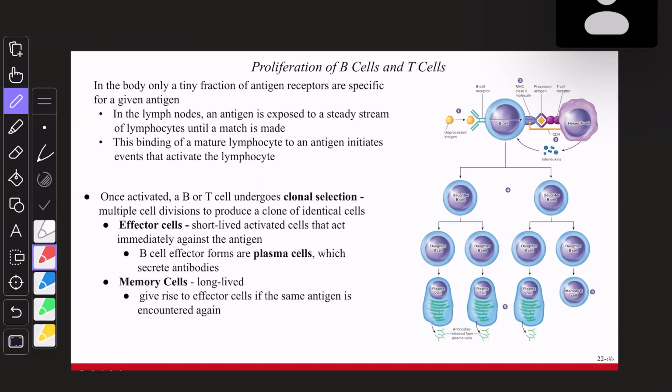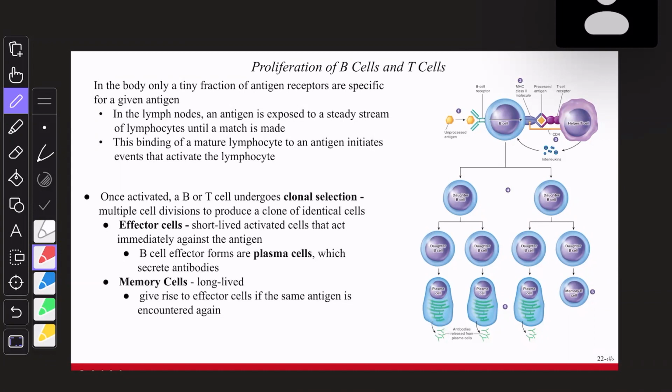Okay? They will duplicate themselves like a little photocopier. Okay? Now they're going to make two different kinds of copies. Okay? They're going to make effector cells and they're going to make memory cells.